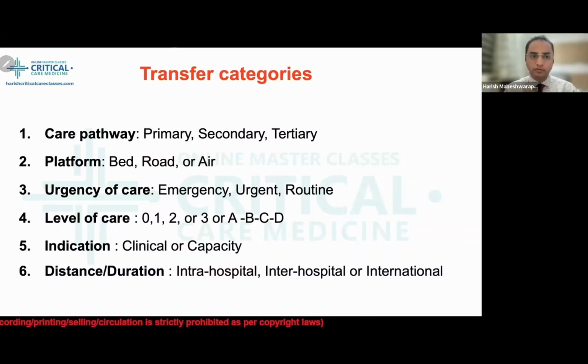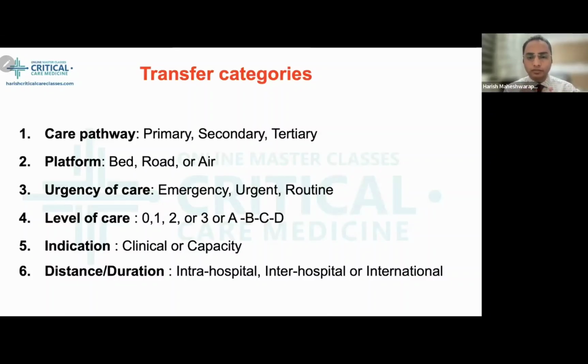Then urgency of care: emergency, urgent, or routine. Sometimes a patient has a myocardial infarction, identified in a primary center with the ECG or clinical manifestation, so that becomes an emergency indication to shift the patient for revascularization therapy, like in stroke.